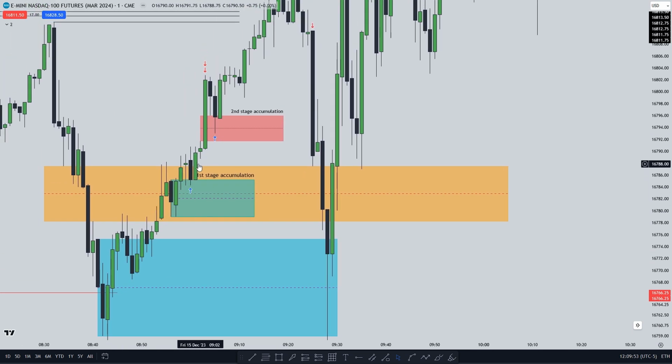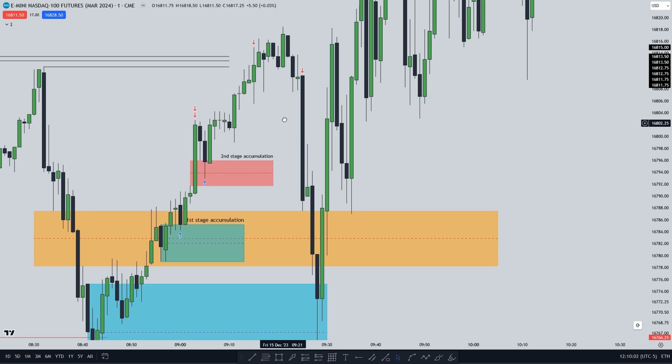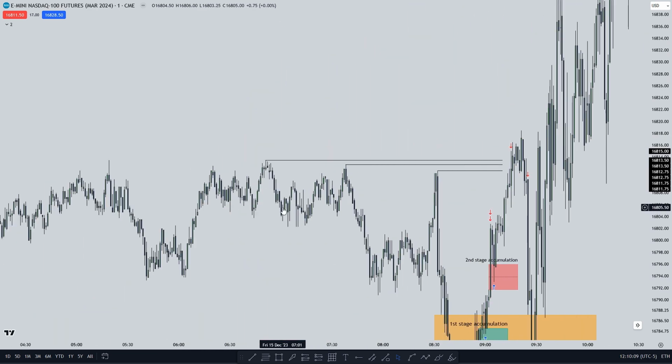Then we have the first stage accumulation because price comes down into the inversion fair value gap and order block. Then we move higher, creating the second stage accumulation because price comes down into this fair value gap. And then we move all the way up to this low resistance liquidity.